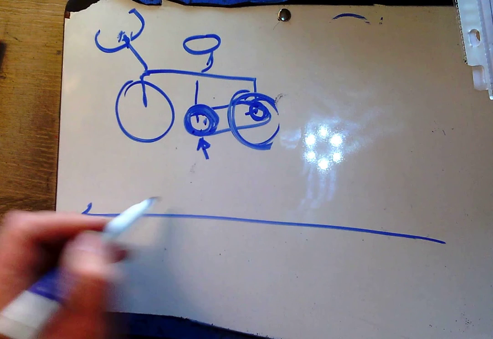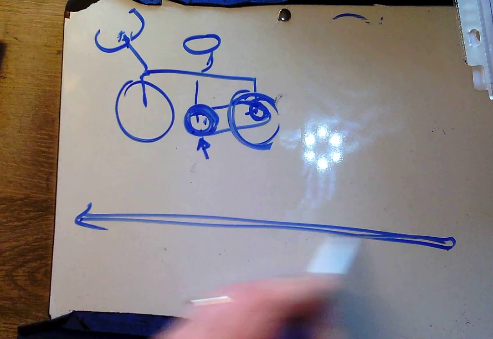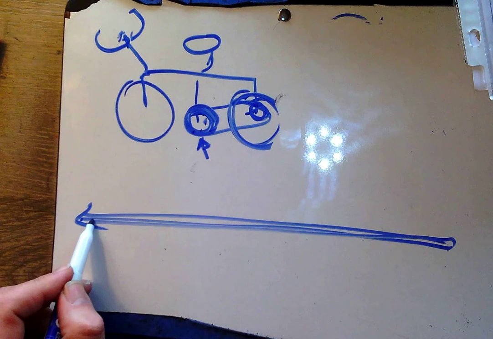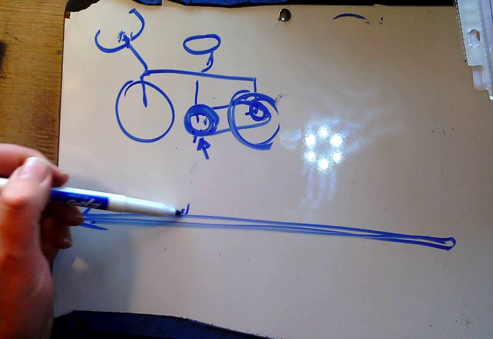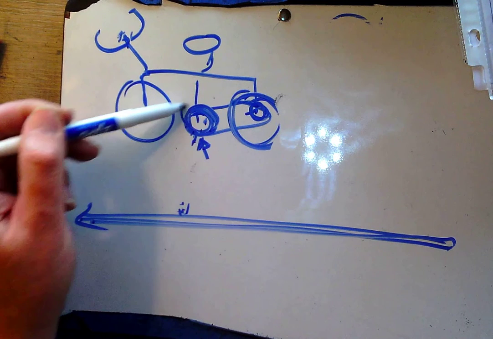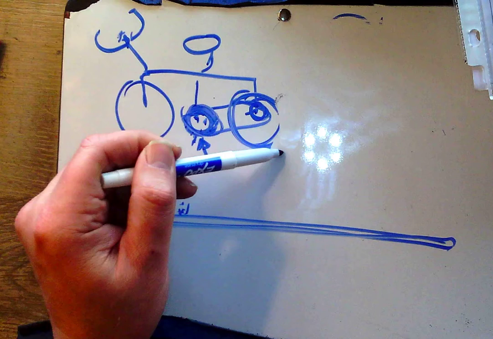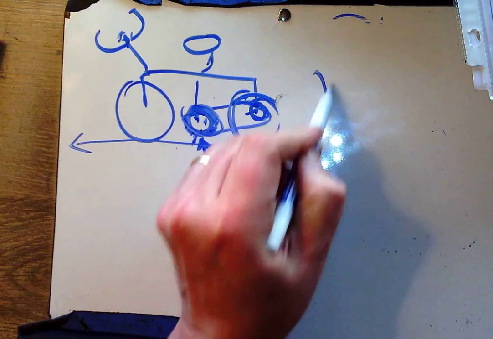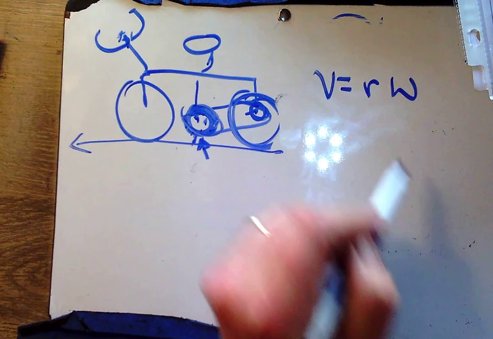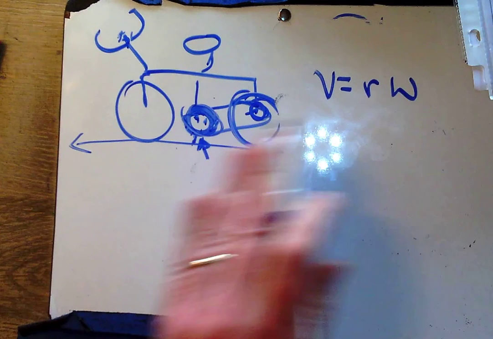I'm actually biking down the street. And so there has to be some sort of bridge between this turning through an angle and how far down the street we go. And that's what v equals r times omega is.